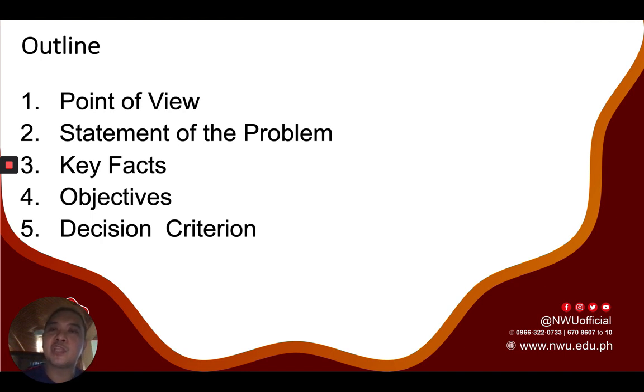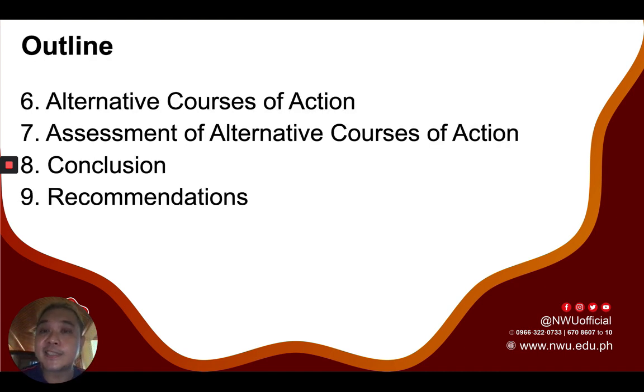Yung explanation ninyo why you choose that objective over the other objectives would explain why you choose yung particular na objective na yon. Why in the decision criteria heavier yung market demand and the other one lesser yung nakuha niyang weight. Okay? And then the sixth is listing down of options or alternative courses of action.